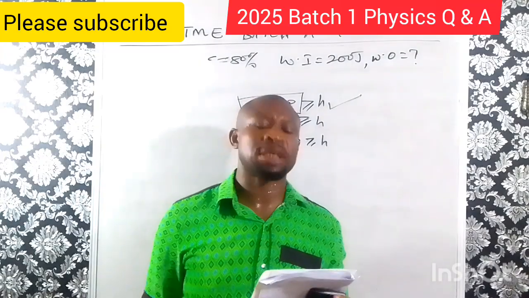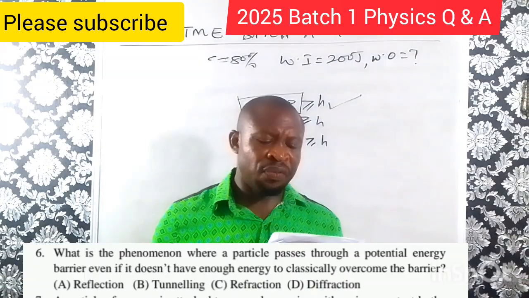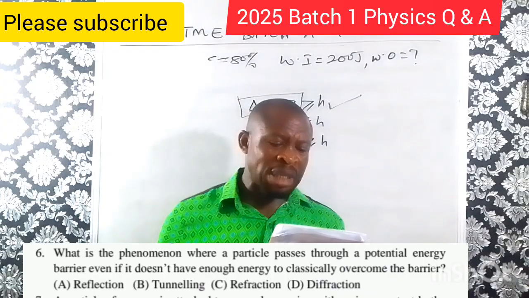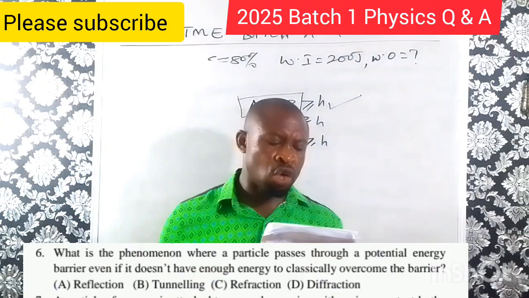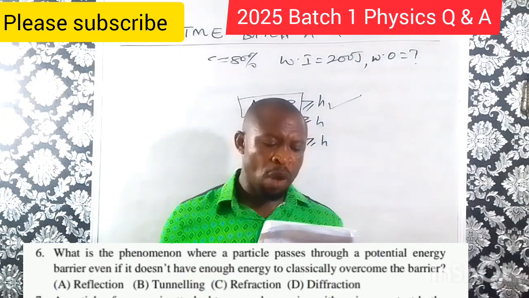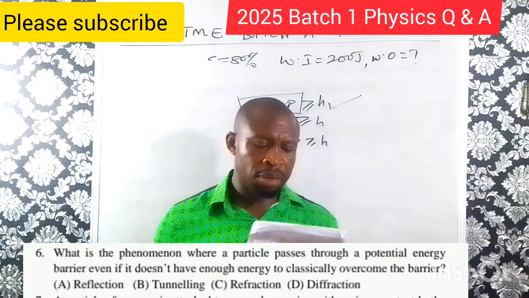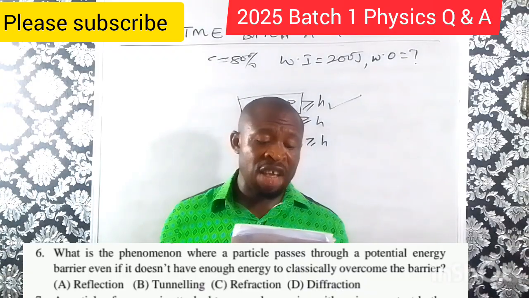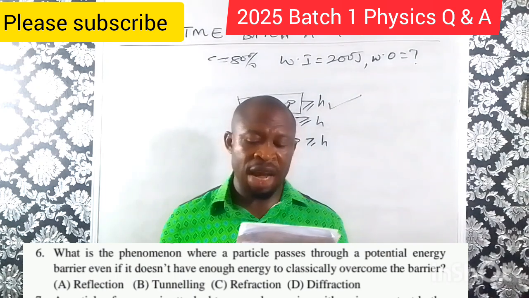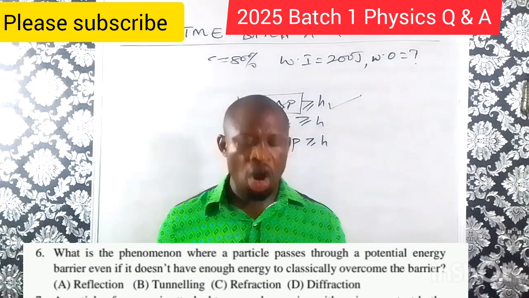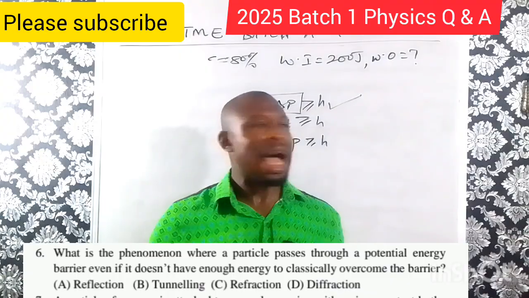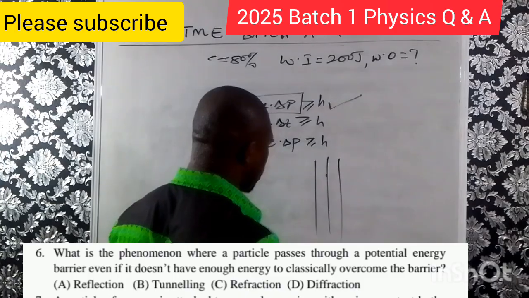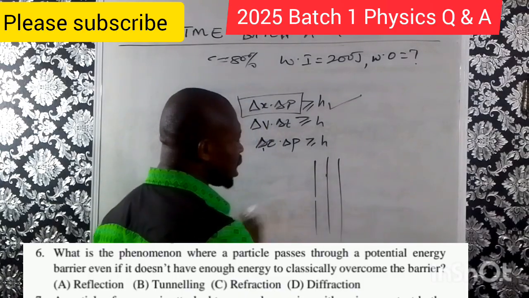The next one says, what is the phenomenon where a particle passes through a potential energy barrier even if it doesn't have enough energy to classically overcome that barrier? Assuming we have a barrier here, let's say without a slit.